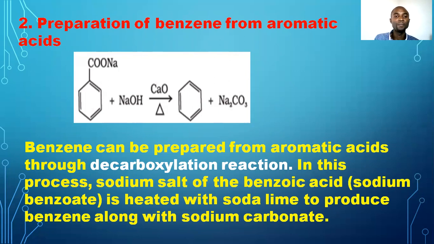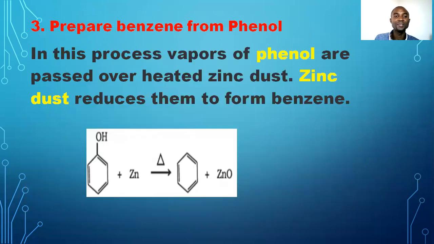All right, another one, we can also prepare it from phenol. Phenol is an aromatic compound also. It's a derivative of benzene. When we were giving examples, we cited it before. Phenol is just hydroxybenzene. In this process, vapors of hydroxybenzene, which is phenol, are passed over heated zinc dust.